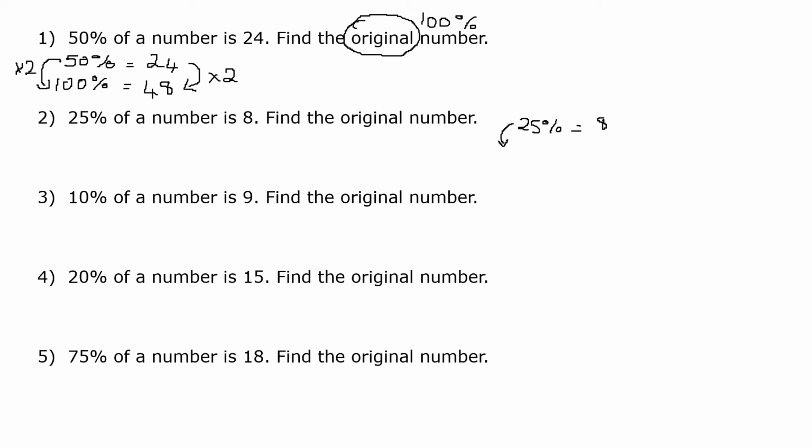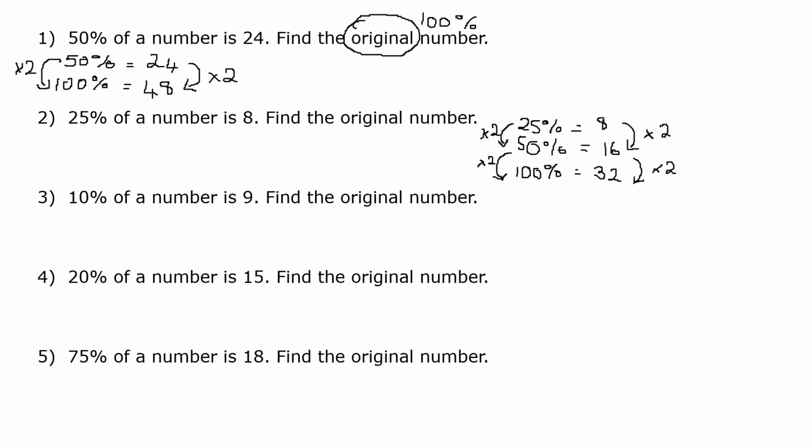If I double 25%, so if I times it by 2, I'm going to get to 50%, and that will give me 16, because whatever I scale one side up by, I'm going to scale the other side up by that as well. And then if I double my 50%, and also double my 16, that will get me to 32. So my original number's 32.